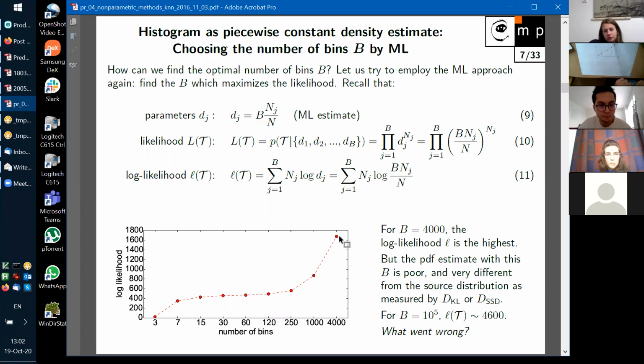Should I fit a line to this, or should I fit a parabola? Which would you prefer, and how would you justify that choice? Any idea?